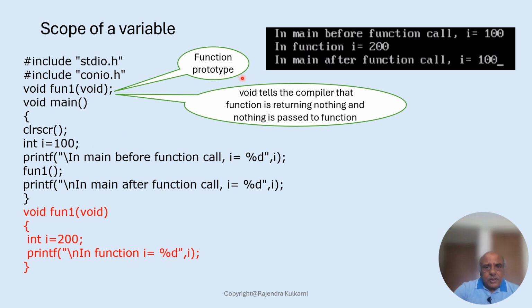But when the program control goes back to main after the execution of the function is completed, the value of i is again displayed as 100. So in function we have made i equal to 200, in main we have made i equal to 100, but even after function call, the value of i in main remains 100.